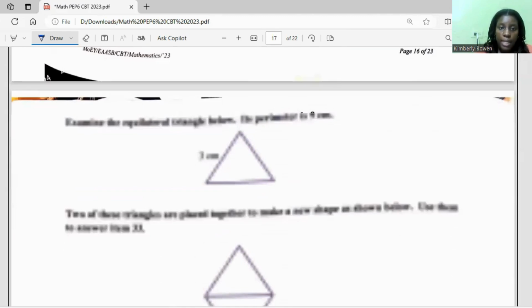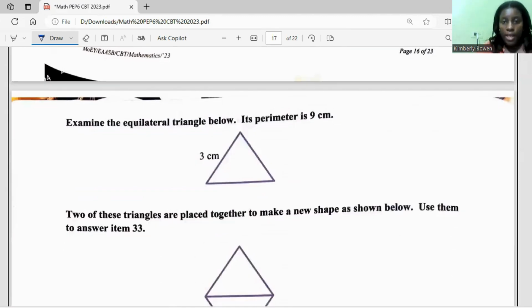33. Examine the equilateral triangle below. Its perimeter is 9 cm. So this means that each side is 3. This is usually what the triangle looks like when I put this symbol on the side.